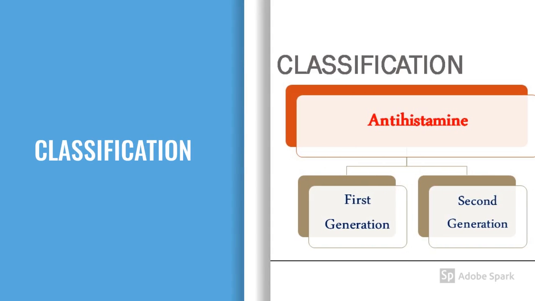Now we can move to classification. Antihistamines are mainly classified into two. First one is first generation antihistamine and second one is second generation antihistamine. Now we can move to first generation.